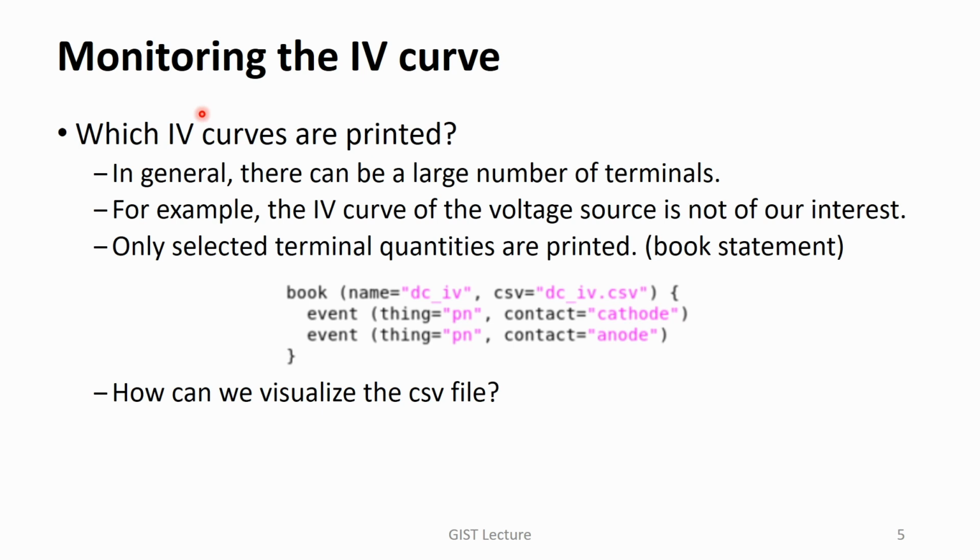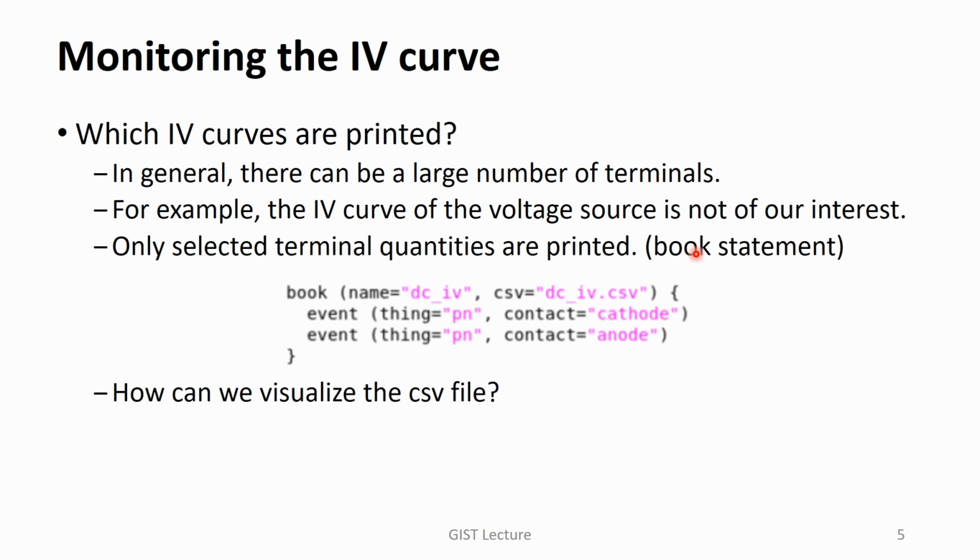Now, we are considering how to monitor the IV curve. In general, there can be a large number of terminals in a circuit, and some of them are not important to us. For example, in this case, the IV curve of the voltage source is not of our interest.